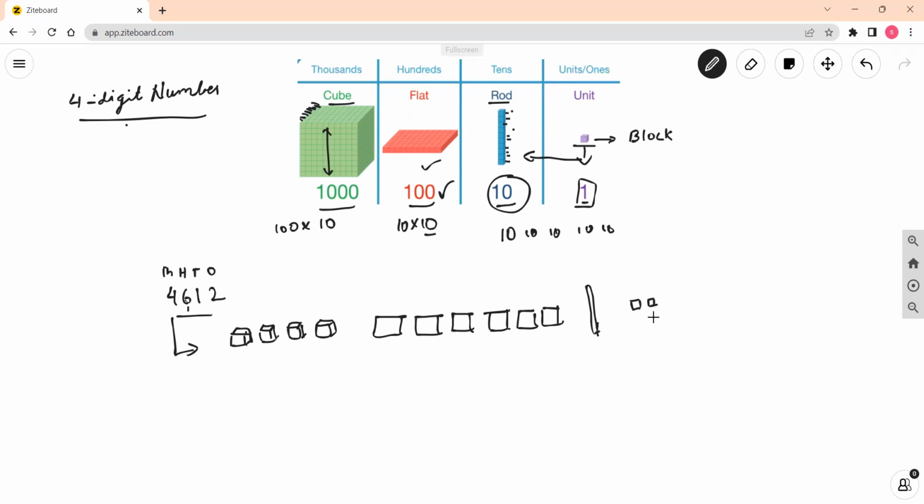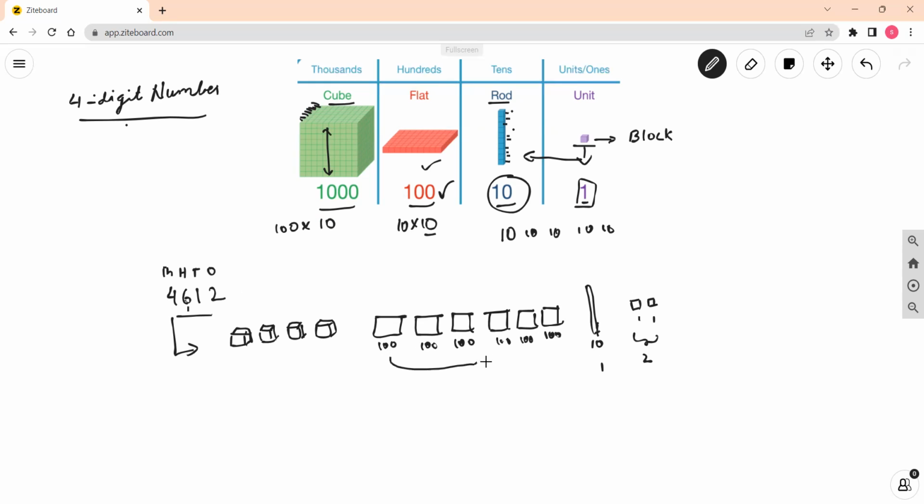So here 1 block is equal to 1. So together we have 2 blocks. 1 rod is equal to 10. So here we have 10. And how many blocks do we have? 1 flat is equal to 100. So we have 6 flats with 100 blocks in each.